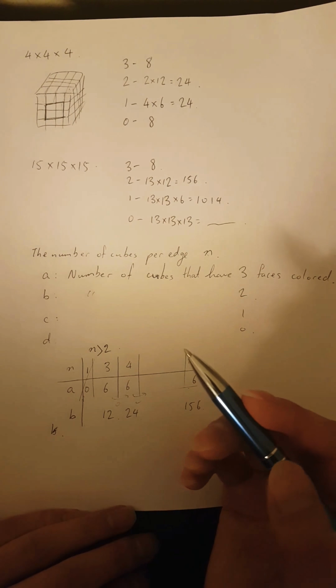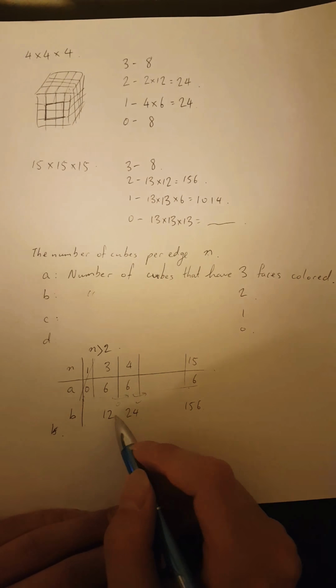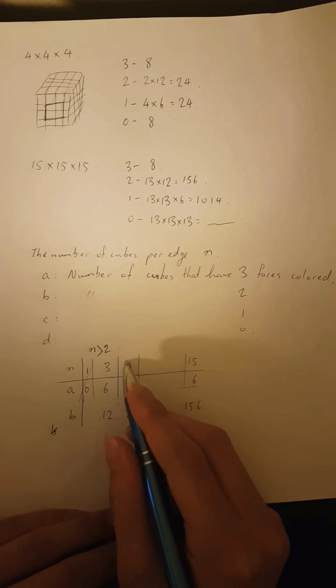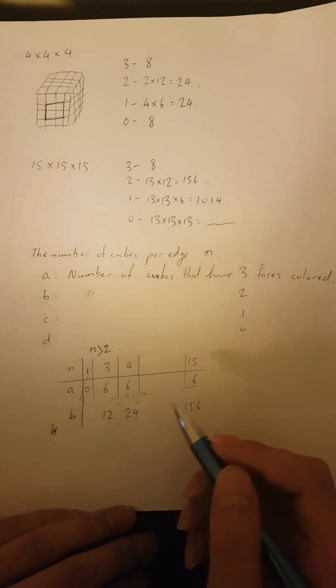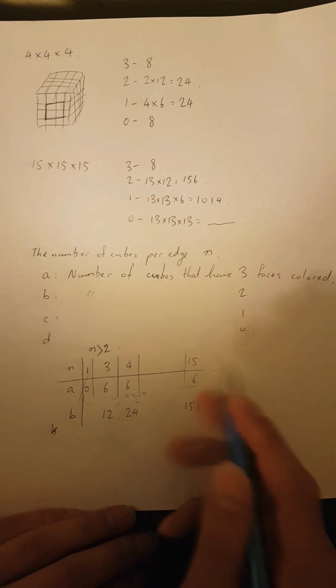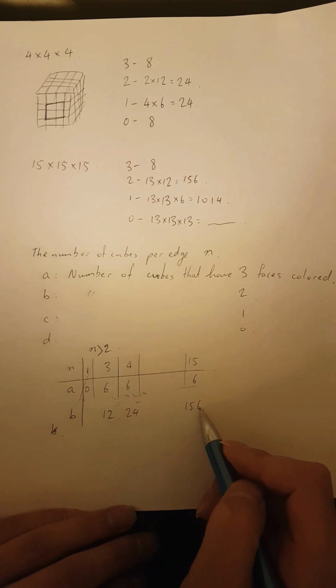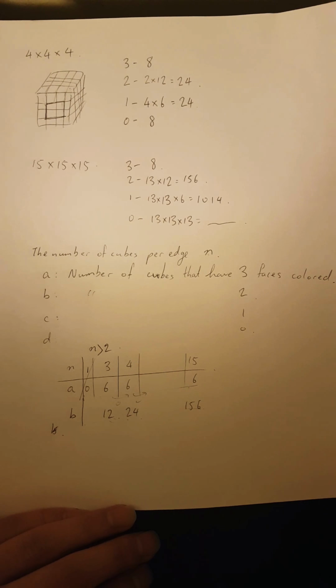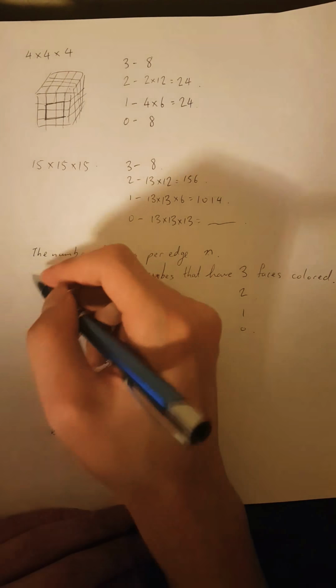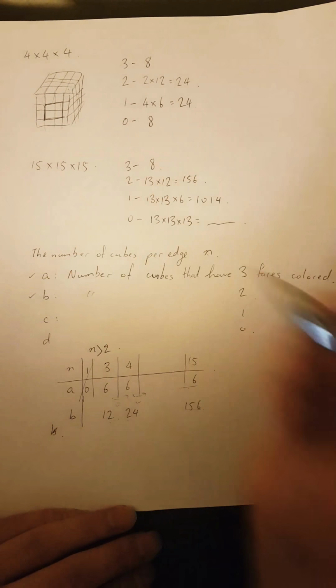So overall, since there are 12 edges, if n increases by 1, B is going to increase by 12. So the common difference is going to be 12. This is an arithmetic progression, so n and B are in a linear relationship. So A is in a linear relationship, and B is in a linear relationship.